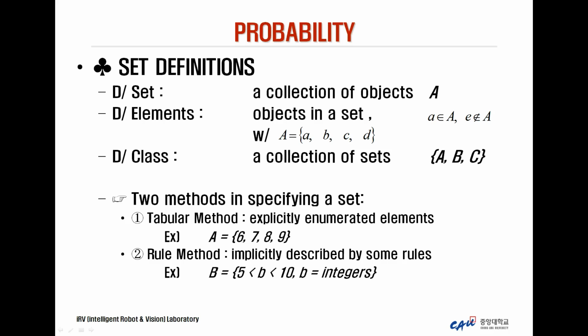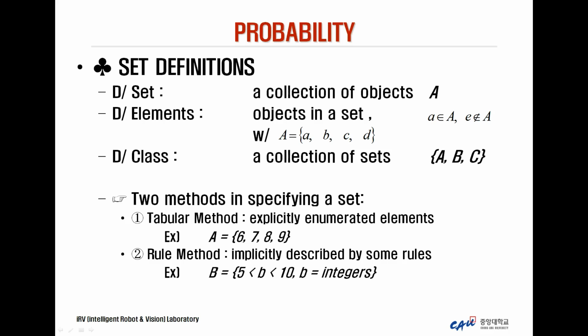So, for example, if set A is curly bracket a, comma b, comma c, comma d, then our set includes element small a. So a is included in the set A, but small e is not included in set A.